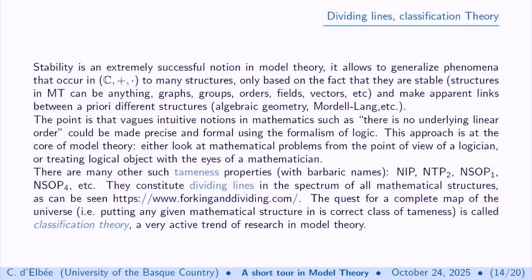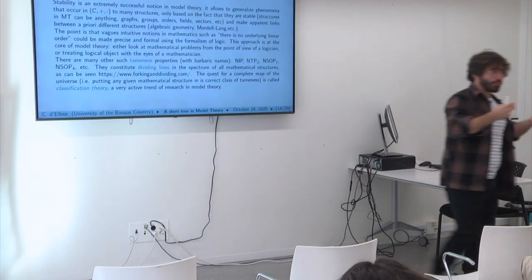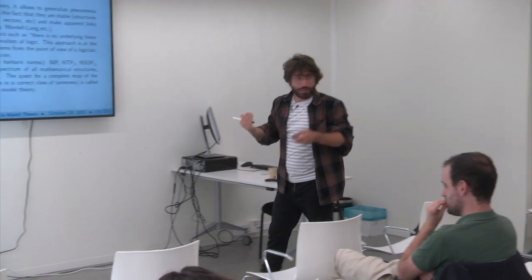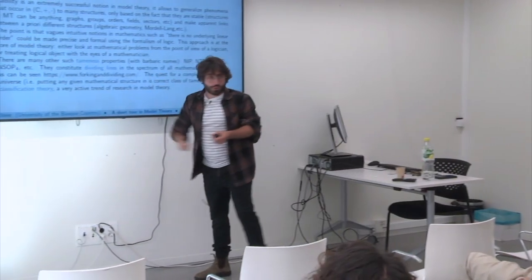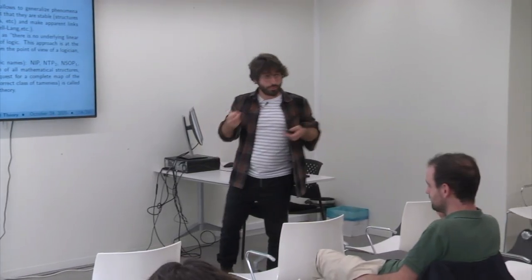Right, so another point is the intuitive notion such that there is no underlying linear order. This is a sort of informal statement in mathematics. You don't want that much informality. But because you are working with logic and with languages and formulas, you can actually make this very precise.